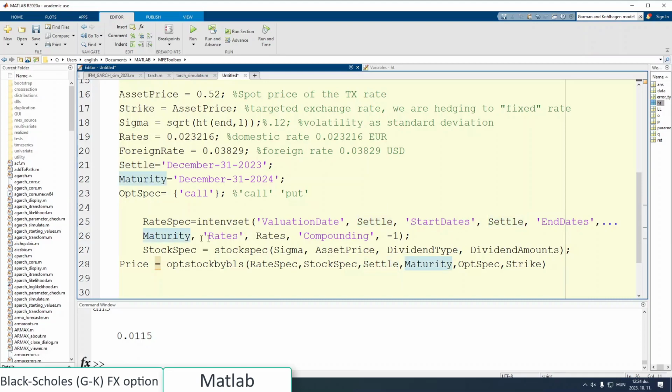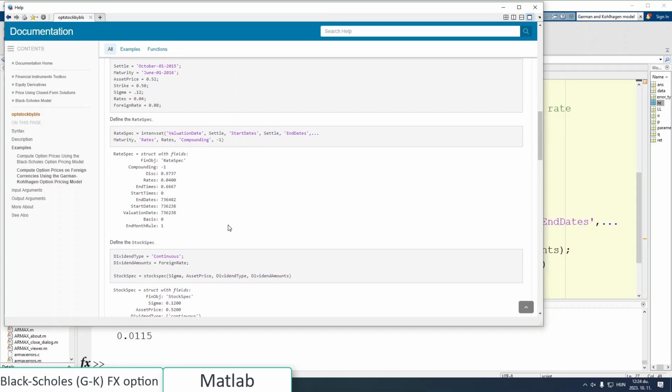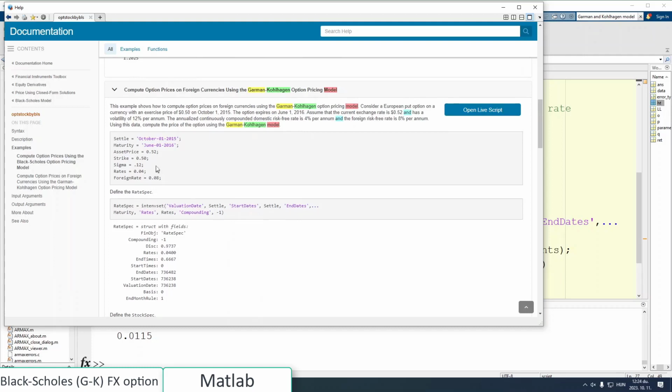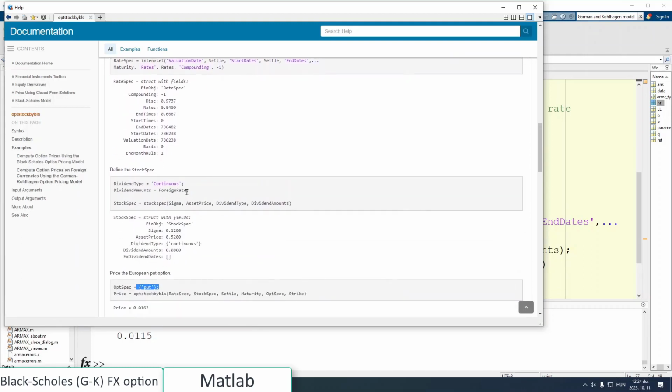Settle, maturity, rates, compounding -1, okay, it's good for me. Sigma, asset price, dividend type. Oh, dividend type is not defined. Where are you? Yeah, okay, this is.